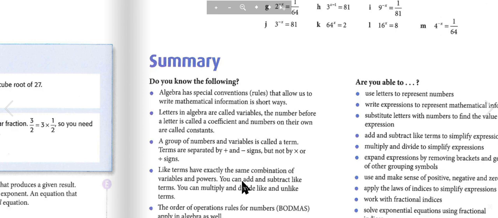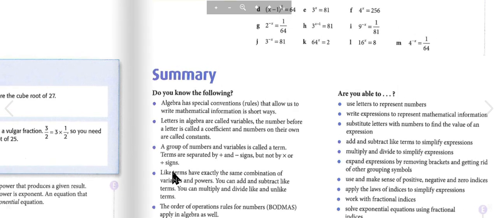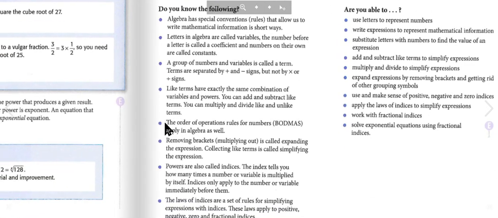You can multiply and divide like and unlike terms. The order of operation rules for numbers, or BODMAS, apply in algebra as well. Removing brackets or multiplying out is called expanding the expression. Collecting like terms is called simplifying the expression.